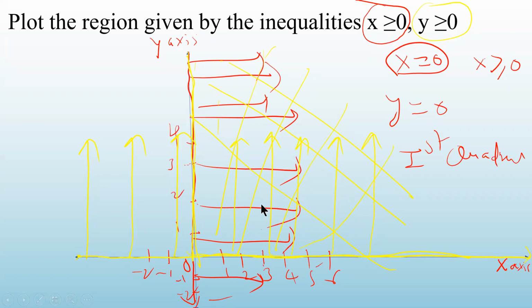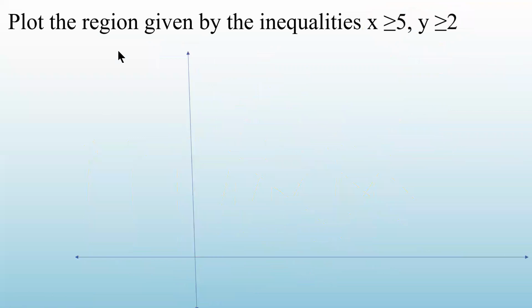Now let us take one more problem to illustrate this. Plot the region given by the inequalities x greater than or equal to 5 and y greater than or equal to 2. Now you are all sitting with the notebook. एक rough graph बना लो and tell me what is this region x greater than or equal to 5.